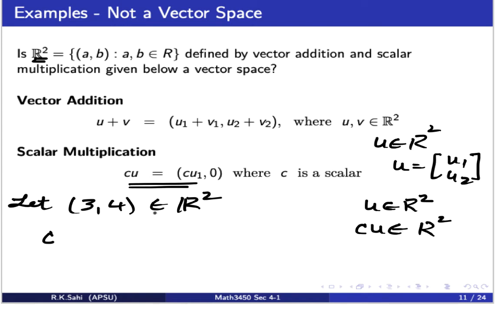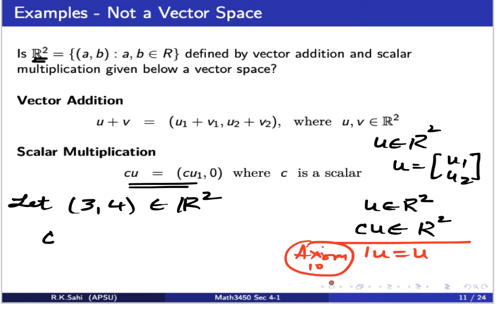That is easy, because it's going to be an ordered pair. But there's one thing you have to keep in mind, and that is axiom number 10: 1 times U should be equal to U. A very important one for us. Axiom 10 says if you have any element U and you multiply it by 1, you should get the vector U.